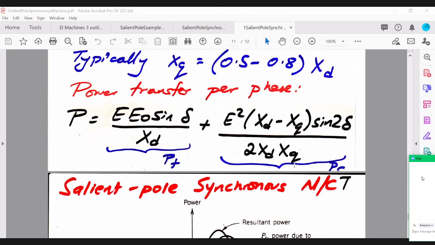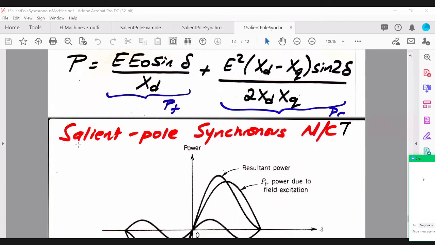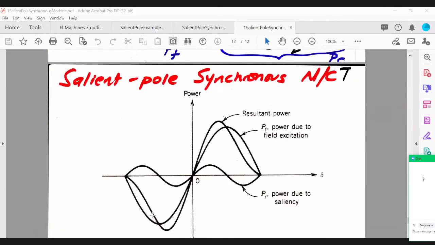So now, when you're working out the power transfer, you have two components to work out, your field power and the saliency power, and add them together to get the total power transfer. That's the resultant power due to both components.